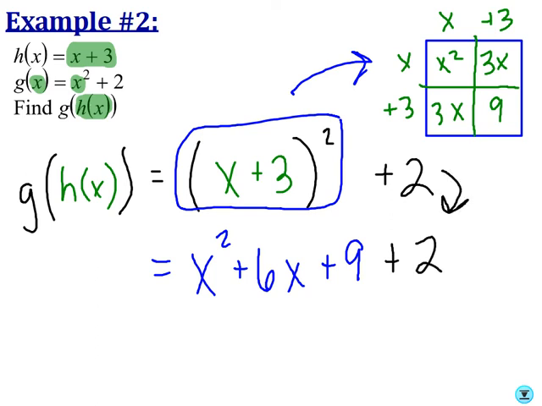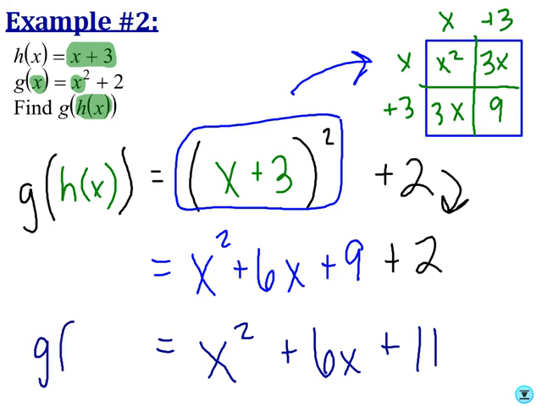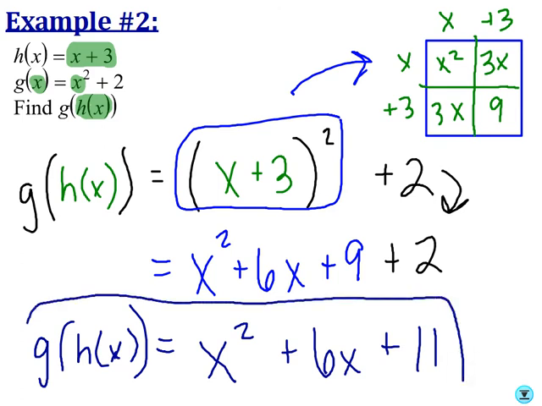Then again, all we need to do is combine like terms. I have nothing else to combine with x squared or the 6x, and 9 plus 2 gives me 11. So g composed with, not f, my bad, h of x is x squared plus 6x plus 11. And that would be your final composition answer.